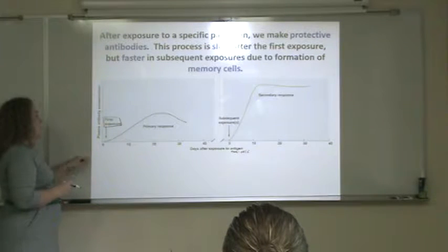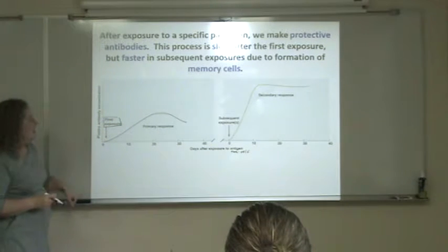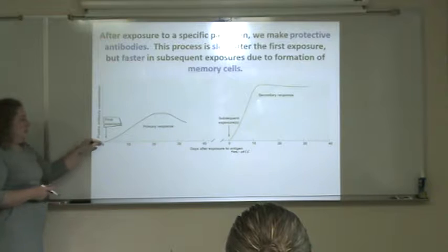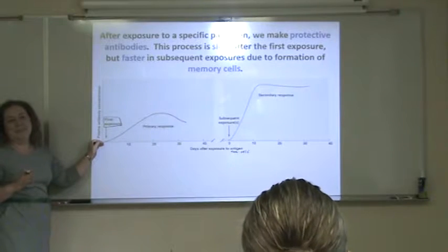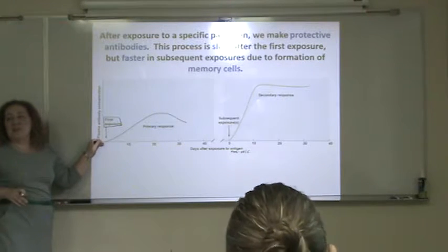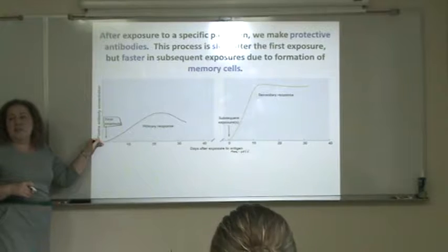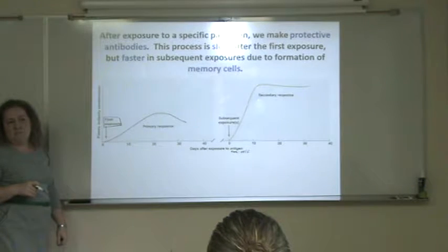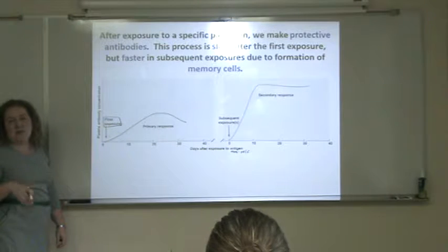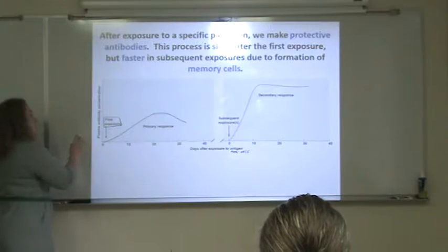And this is showing plasma antibody concentration. Oh yes, antibodies float around in your plasma. That's kind of important. They're going everywhere your plasma goes, including squeezing out through capillary cracks, if necessary.